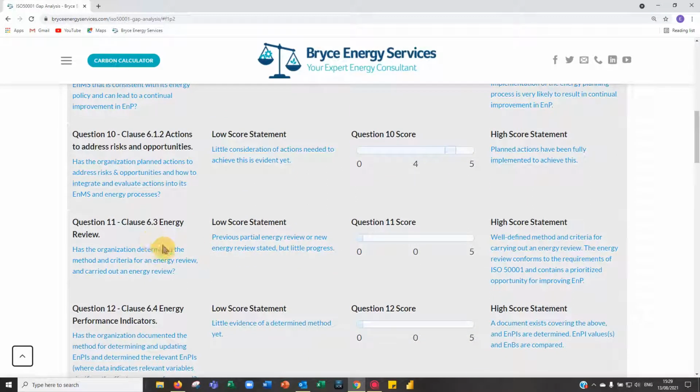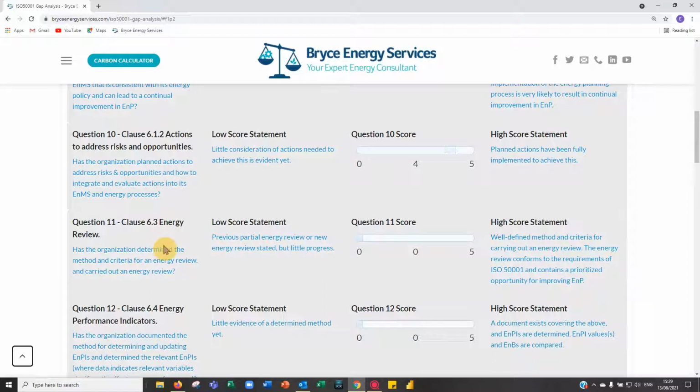Energy review. Has the organization determined the method and criteria for an energy review? So starting ISO 50001 requires a full energy review. This could be an ESOS report, but this should also be an annual review.